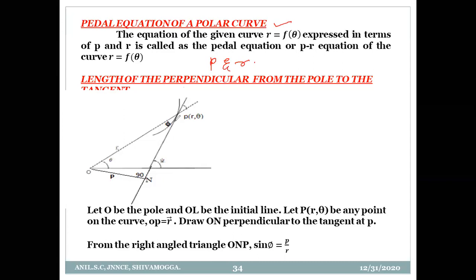See, this is the curve and this is the tangent, and the shortest distance is perpendicular length. This is denoted by small letter P, and R is radius vector. An equation corresponding to the given polar curve expressed in terms of these two is called a Padal equation, or it is also called as PR equation. In either ways you can call this Padal equation or PR equation.